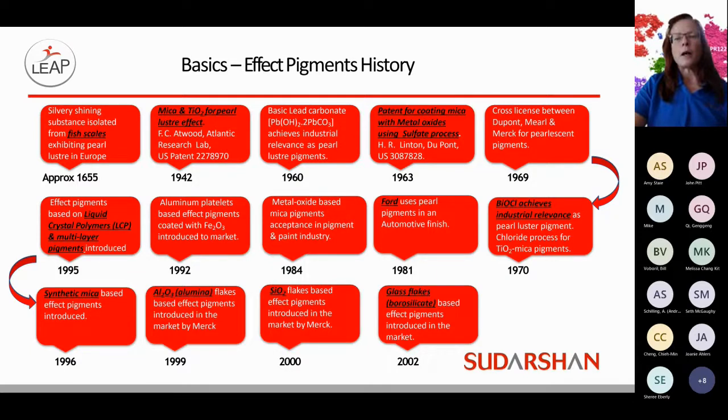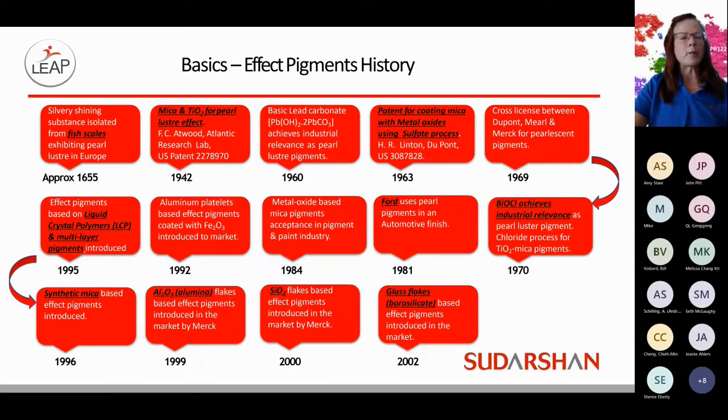And then the continuance of new substrates continued in 1995 with the addition of liquid crystal polymers and other multi-layer pigments that were being introduced into various applications. That continued in 1996 when synthetic mica was introduced.